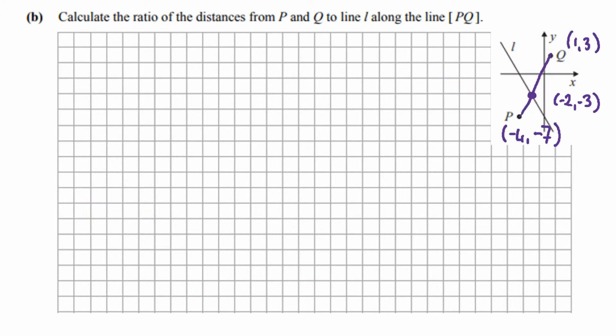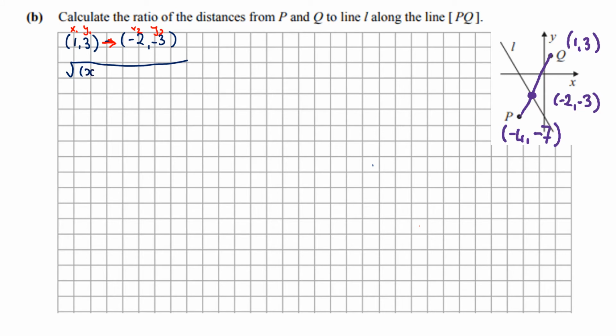So now that we have that point, we're going to calculate the distance from Q, which is (1, 3), to the point of intersection, which is (-2, -3). We're going to do that just using our distance formula. So let's label them first: x1, y1, x2, y2. I'll do a little arrow here so we know that it's distance.